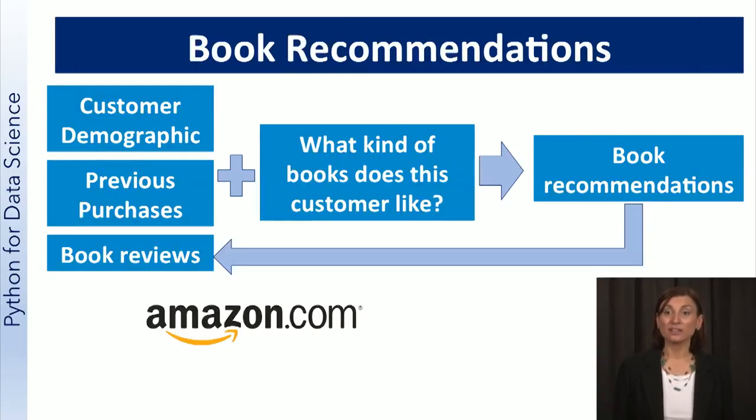For example, a book retailer like Amazon.com can constantly improve the model of a customer's book preferences using the customer demographics, his or her previous purchases, and prior book reviews by the customer. Their models also likely take into account the similarity of customers to detect common interests.